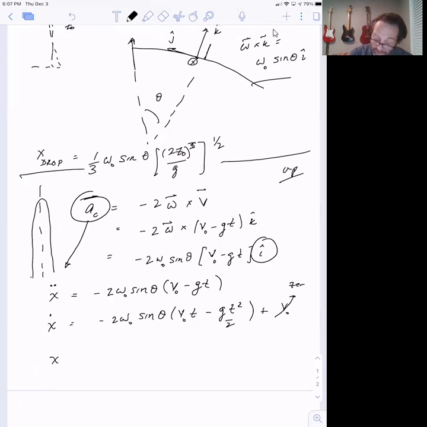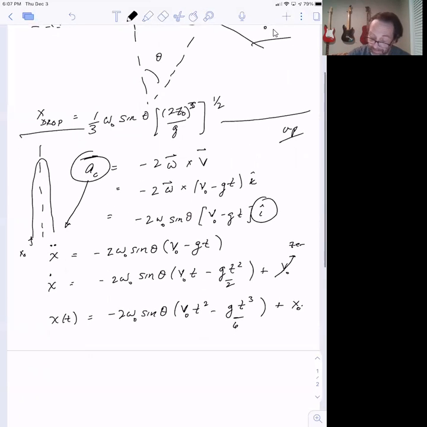So integrating again, x of t will be equal to minus 2 omega naught. I should have just called this something at the beginning. V naught t squared minus g t cubed over 6, plus x naught. And we'll just say that the x naught is right here. We're going to shift this a little bit later, just use our intuition.